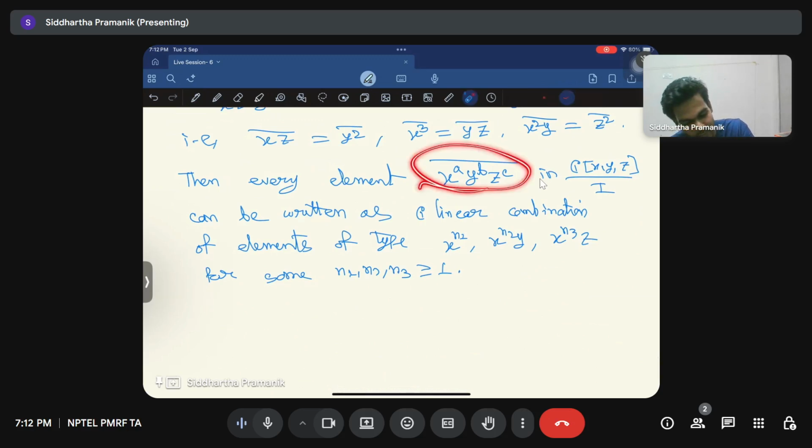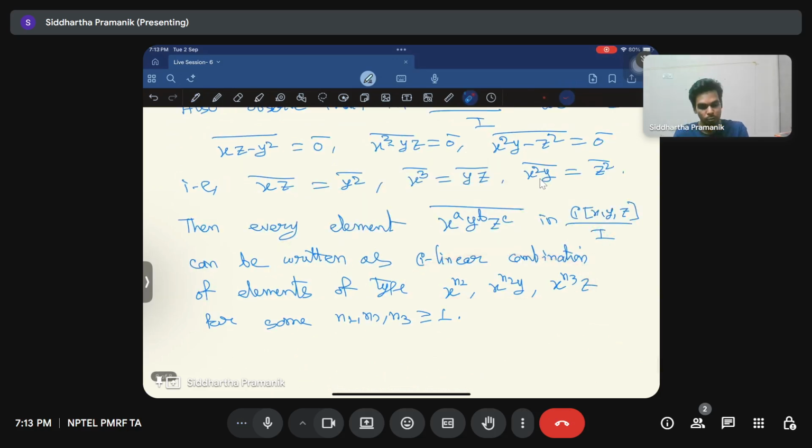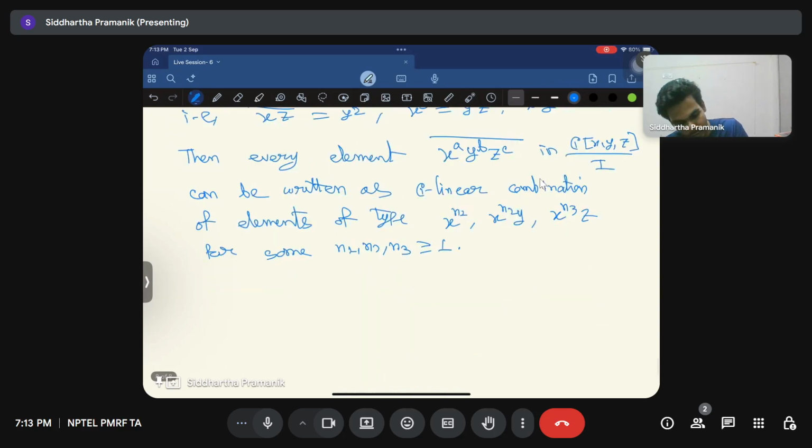These are non-zero elements in this quotient. So our claim is that this type of elements forms a basis. I will put that as an exercise for you to do.